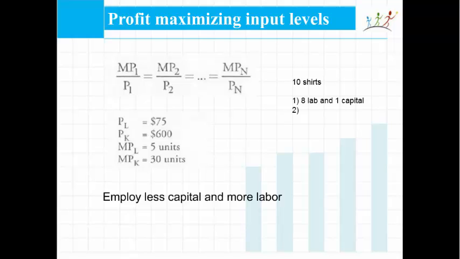And the second option is employ 4 labor and 2 capital. Question is, which method of production will I use? 8 labor and 1 capital or 4 labor and 2 capital? Both will make me 10 shirts.